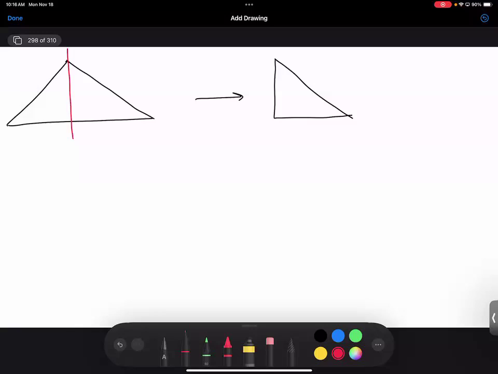So if I have my sides, I've got my first one like this, I've got my second one like this. It would be interesting if the relative area on the right-hand side to the area of the triangle on the right-hand side is the same as the relative area on the left-hand side to the area of the triangle on the left-hand side. Because if so, then I can reduce it to two identical problems.